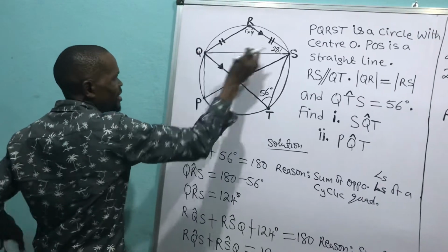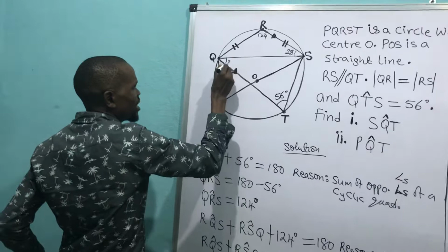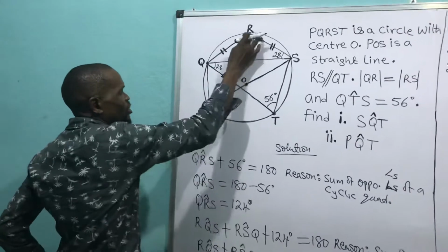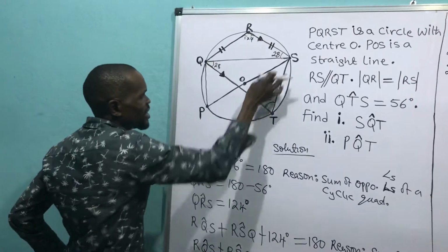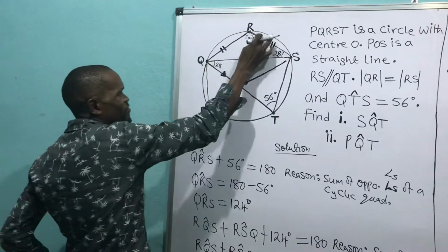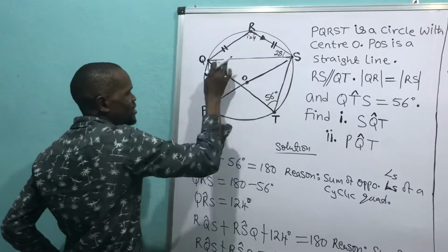Can I state it here? This angle here is equal to this angle. How did I know that? Because this line is parallel to this line, and the line you draw between them gives you this, meaning this is equal to this.